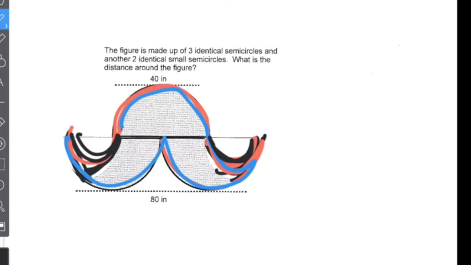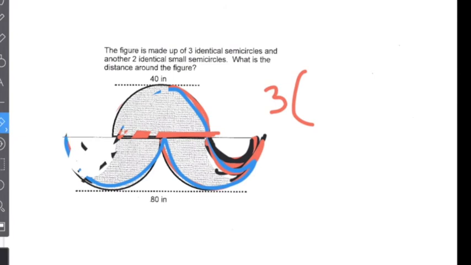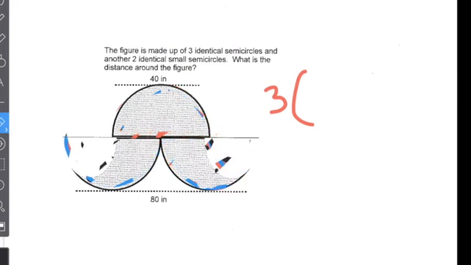To do that, it looks like this. I'm going to take 3 semicircles and multiply by the diameter. The diameter for each one is 40. Let me just erase some of this to clear it out.